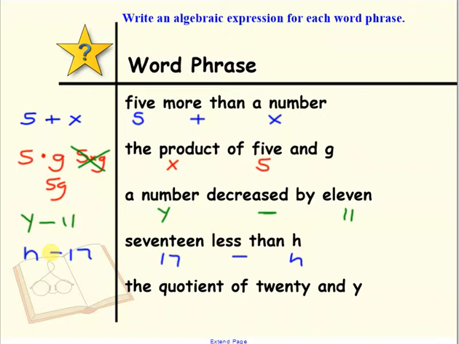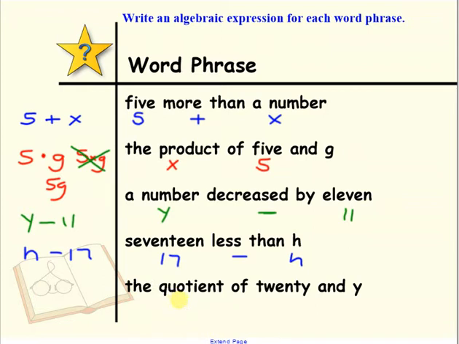Okay? Really think about that. It's not 17 minus h, 17 being decreased by h. It's 17 less than h. So I need to take that 17 away from the h. I know it's a little tricky. It'll come with practice. Okay, let's look at the next one.